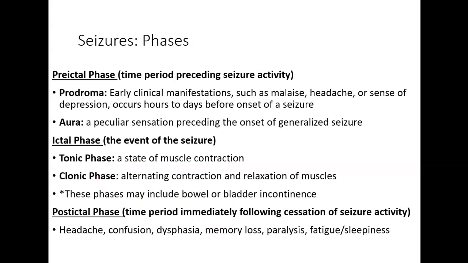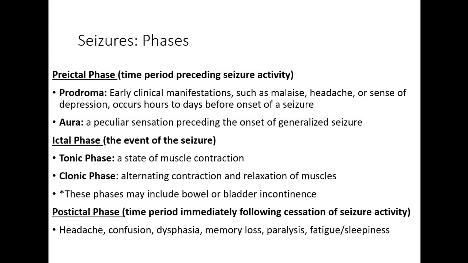Okay, seizure phases. I think the important thing here is to say there are 3 phases: pre-seizure, during the seizure, and post-seizure. So just take ictal and turn that into seizure, and you're good to go. So pre-seizure, again, you may have this prodrome. We talked a little about it.